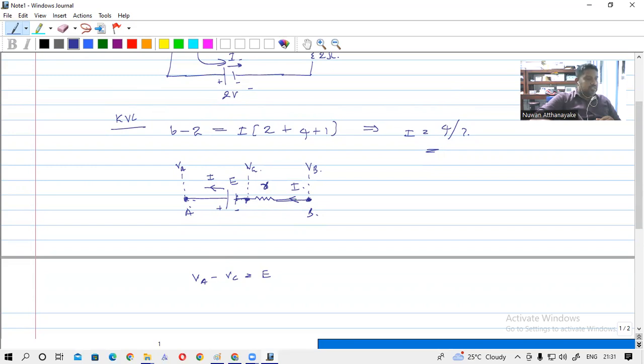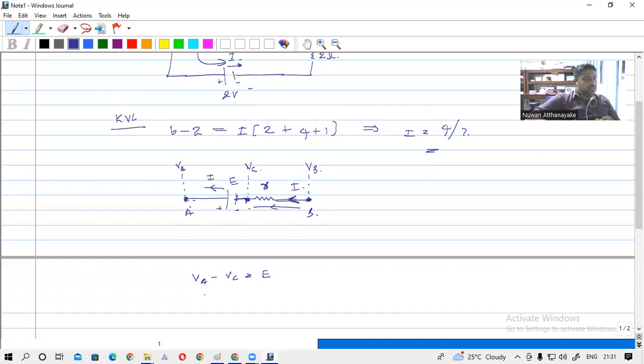If you consider this one, you can see that the current is now flowing from B to C. So the voltage should be high here and low here, because in this way there should be a voltage drop.